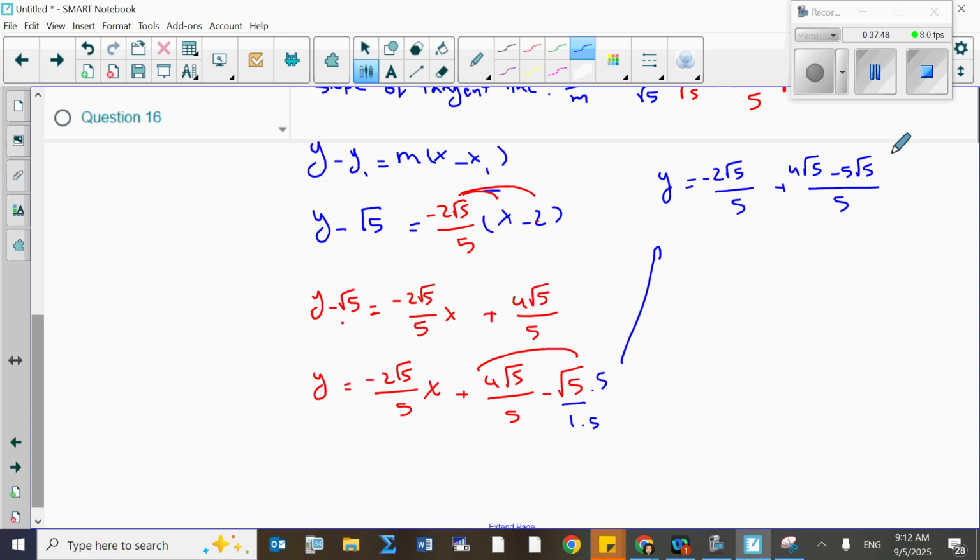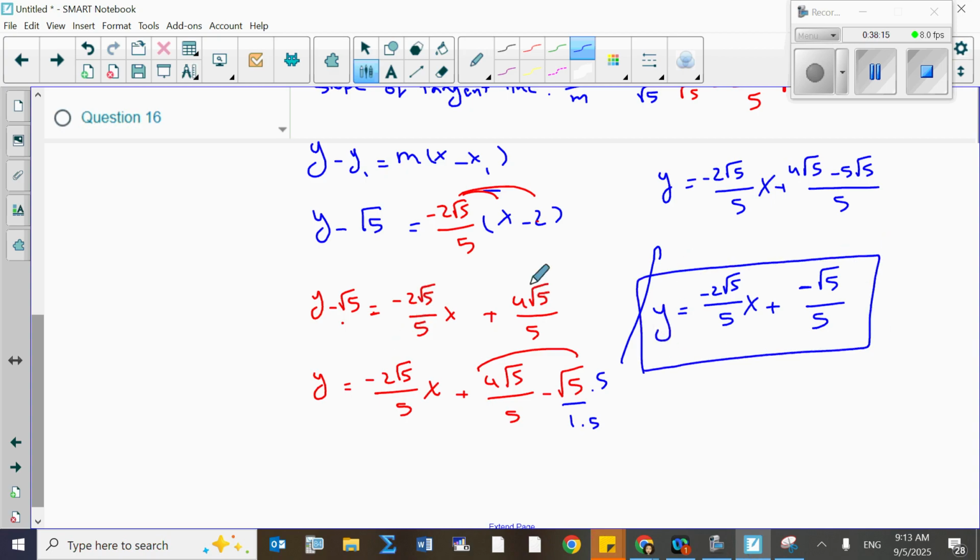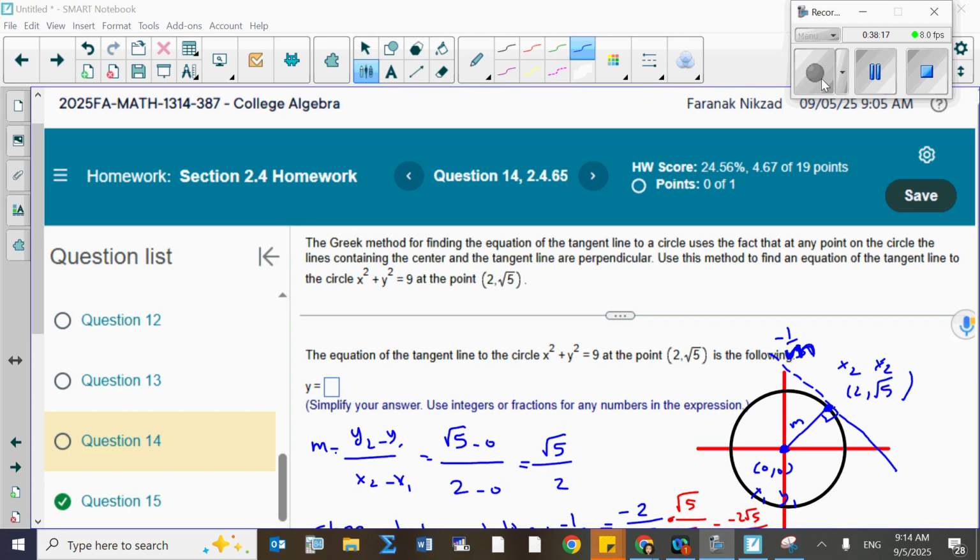So 4 root 5 minus 5 root 5 will be just negative 1 root 5. It's just 4 apples minus 5 apples, or 4x minus 5x. So it's going to be negative 2 root 5 over 5 x plus negative root 5 over 5. I forgot the x here, and here you go. This is the equation of the line.